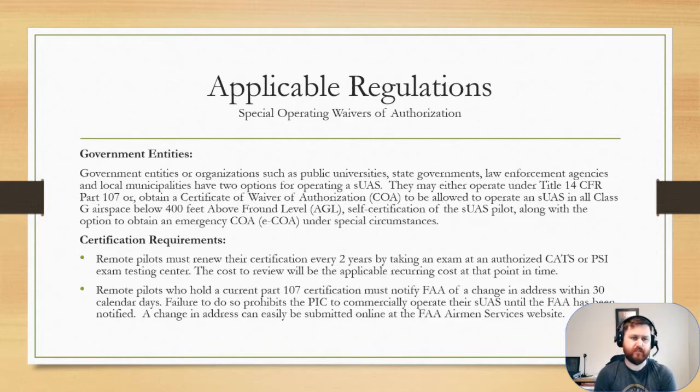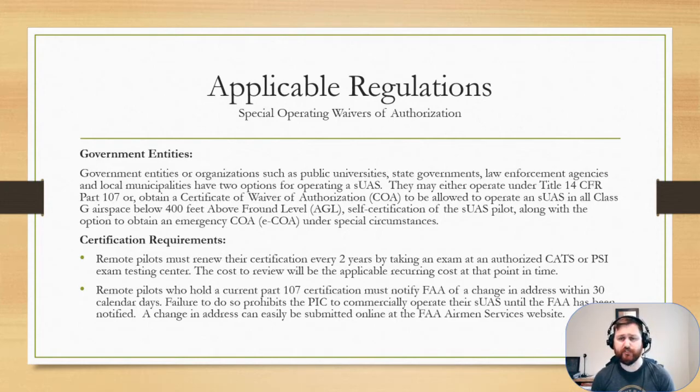So government entities or organizations such as public universities, state governments, law enforcement agencies, and local municipalities have two options for operating an sUAS. They may either operate under Title 14 CFR Part 107 or obtain a COA, Certificate of Waiver or Authorization, to be allowed to operate an sUAS in all Class G airspace below 400 feet above ground level.